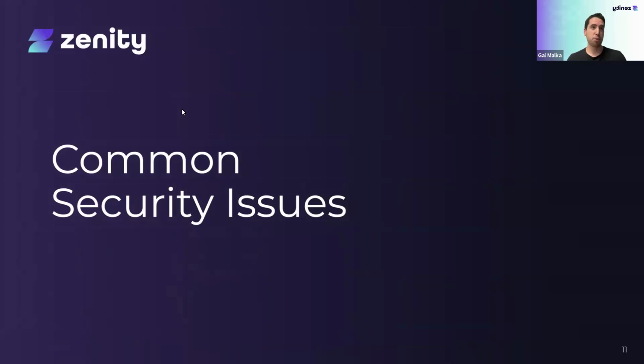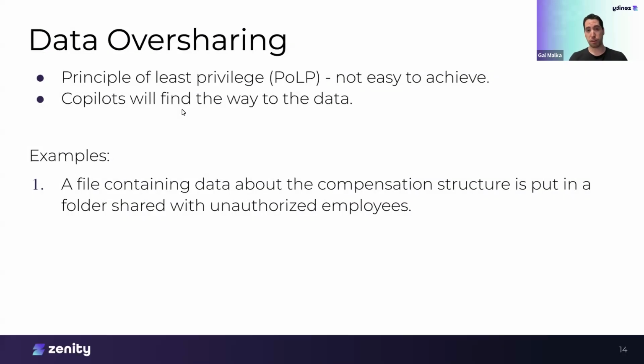From that, let's move on to the common security issues and new security issues with these enterprise copilots. And we'll start off maybe with the most straightforward one to think of, which is data oversharing. So data oversharing isn't a new problem, of course. It's an existing problem, but it has a greater surface with the new capabilities of copilots.